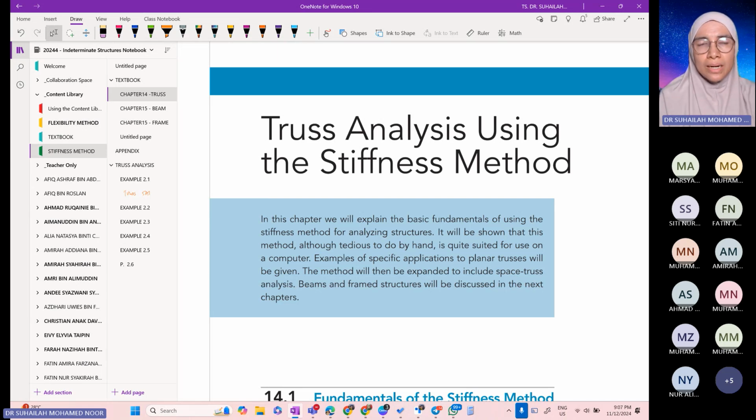So tonight, what I plan is we will read the textbook together, and we will also ask ChatGPT to elaborate more about truss analysis using stiffness method. For the notes, you can refer to MOOC CES 521.